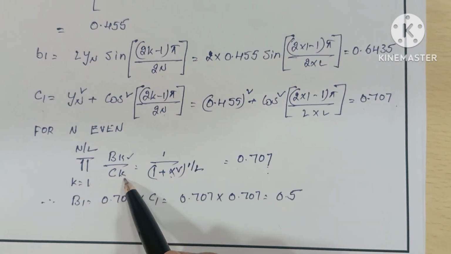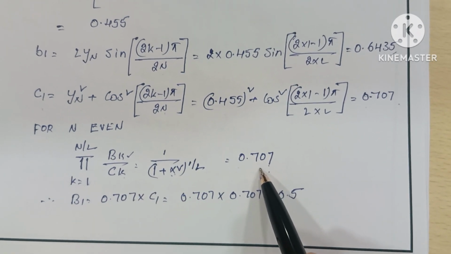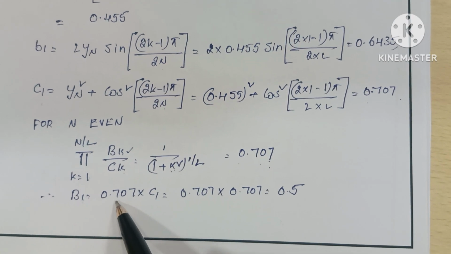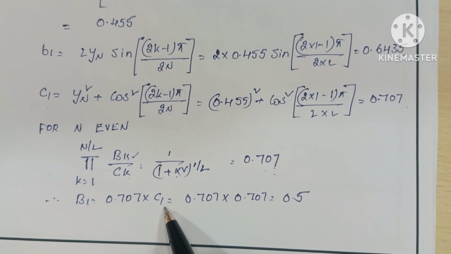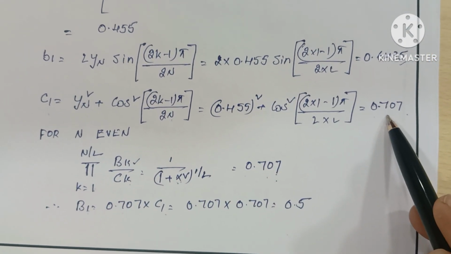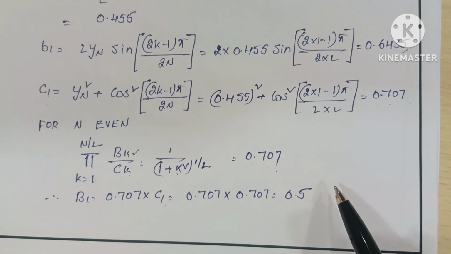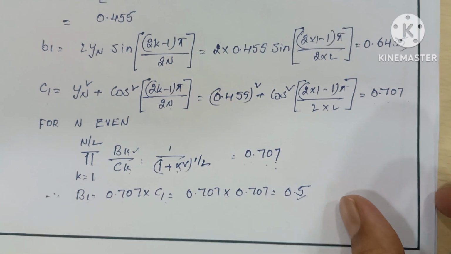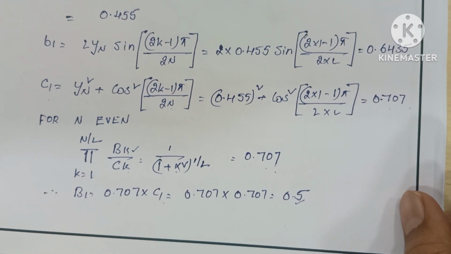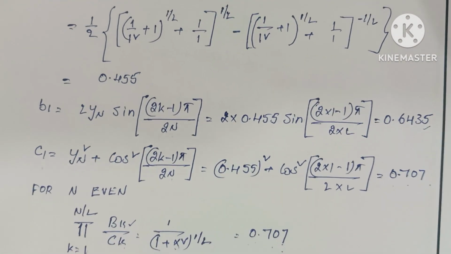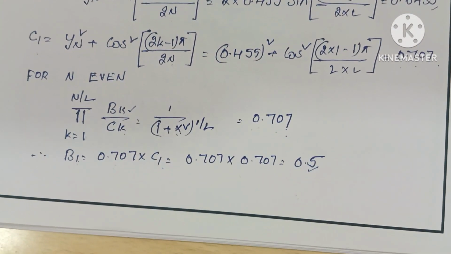And we know bk by ck is equal to 0.707, and for k equal to 1, b1 equal to 0.707 into c1. And here we got the value of c1 equal to 0.707, that multiplied with this 0.707 will give approximately 0.5 value.